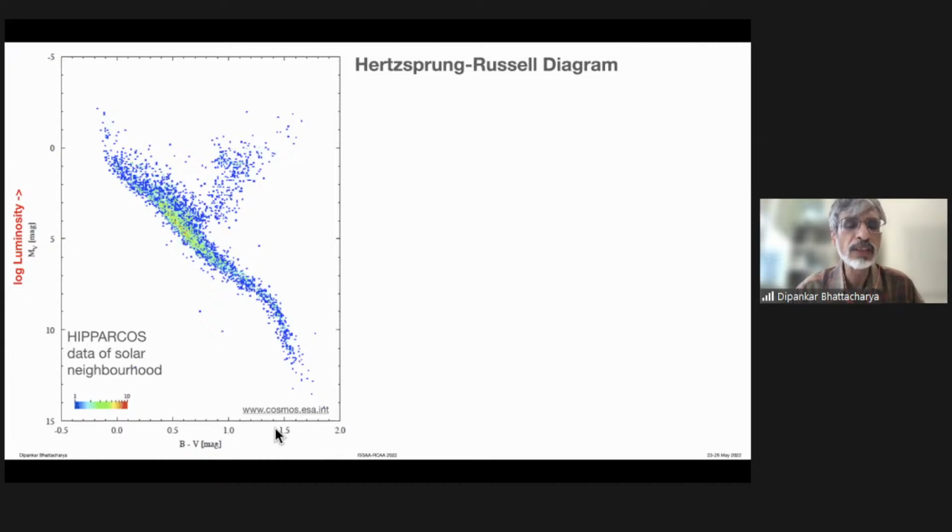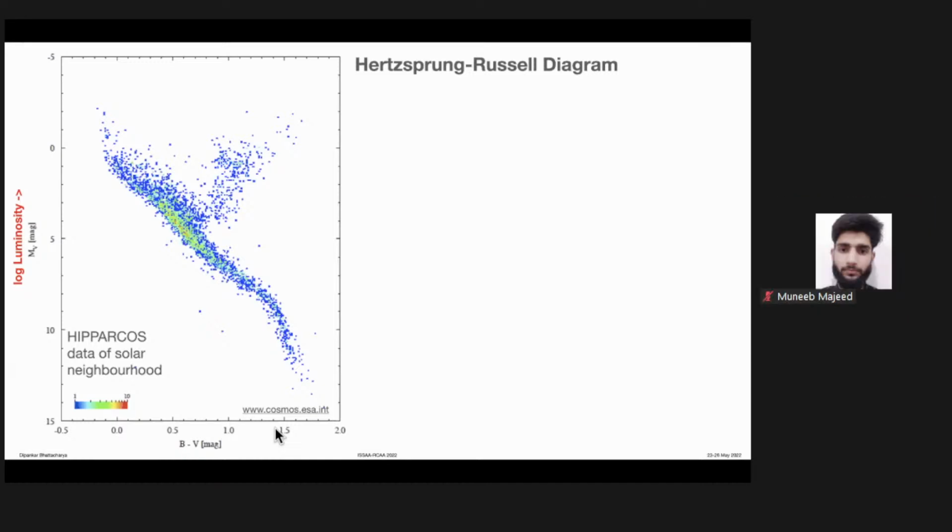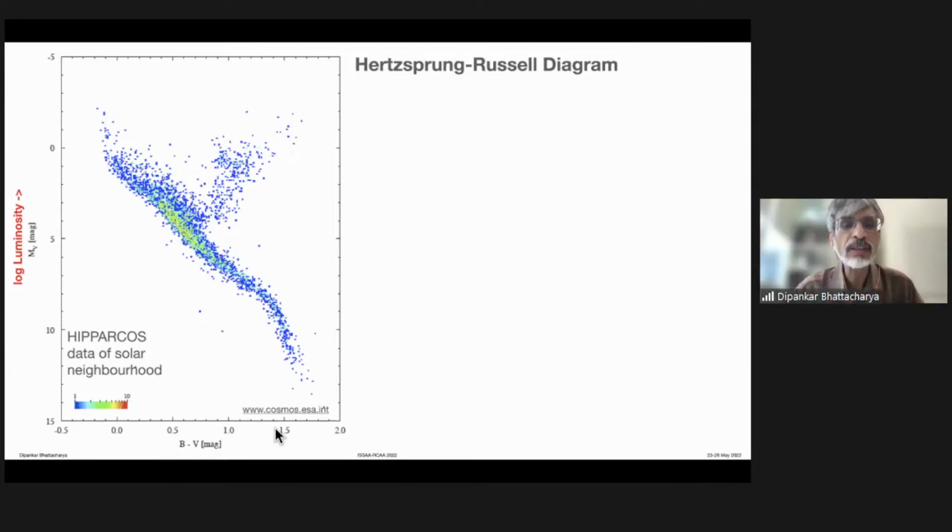One is called a blue filter, the other is called a visible filter. So two different bands of wavelengths in which you measure the intensity, take a logarithm of it, and then take a difference, which means this is a measure of the ratio of the flux received in these two bands. So that's a measure of color. And the color changes as the surface temperature changes.